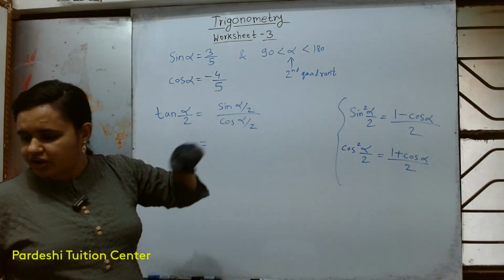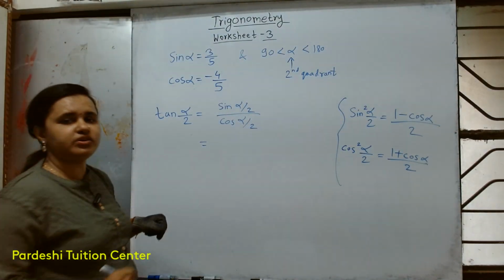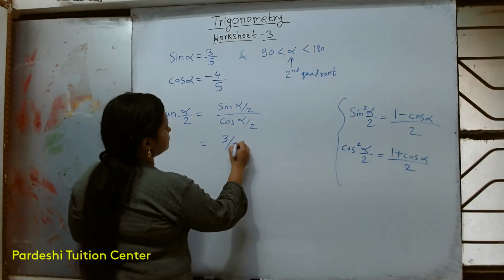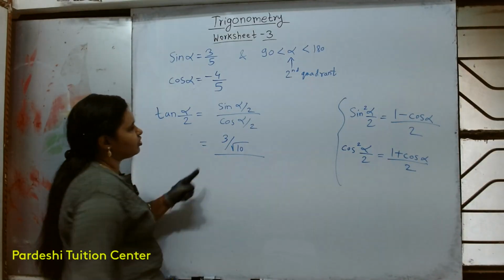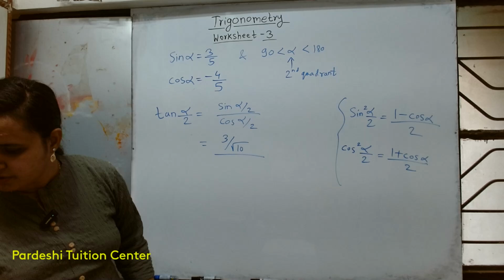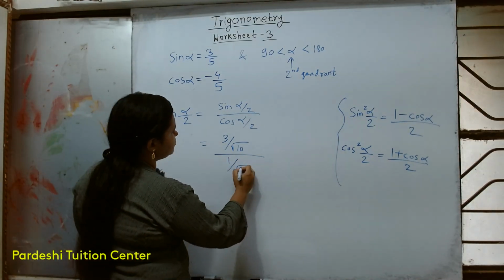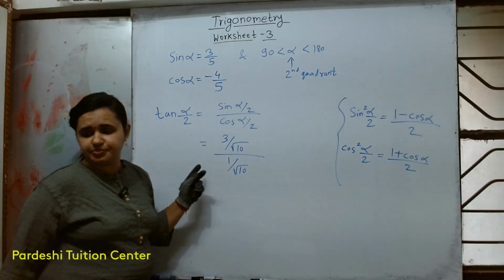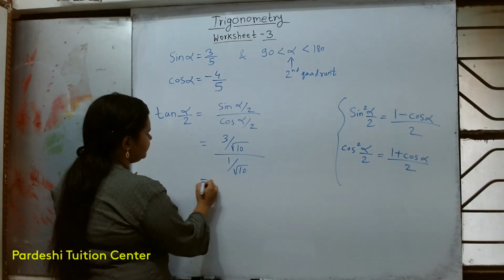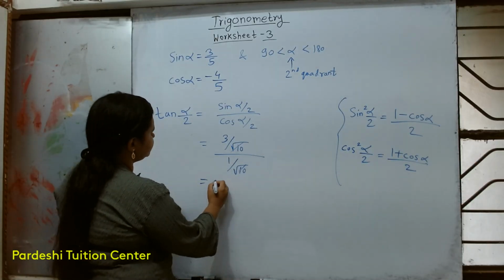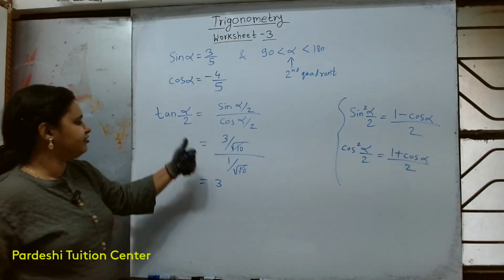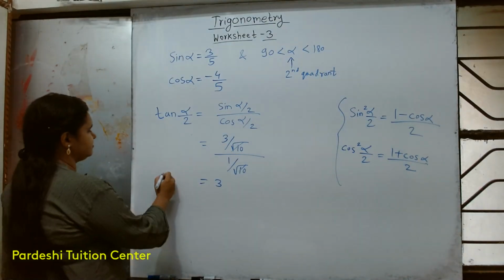Sin alpha by 2 we have got as 3 by root 10, upon cos alpha by 2, which was 1 by root 10, calculated just now in B. So root 10 and root 10 get cancelled and it will be 3. So tan alpha by 2 we have got as 3.